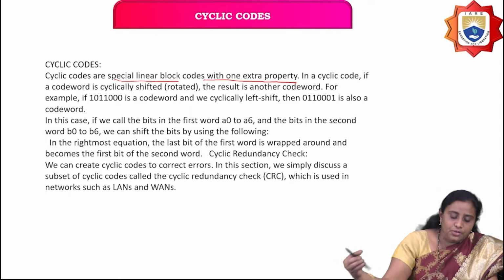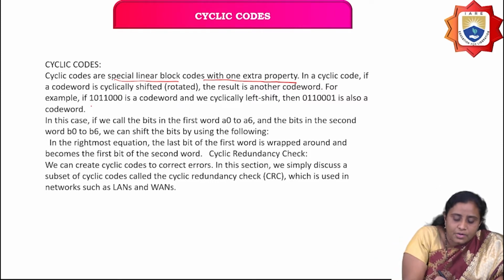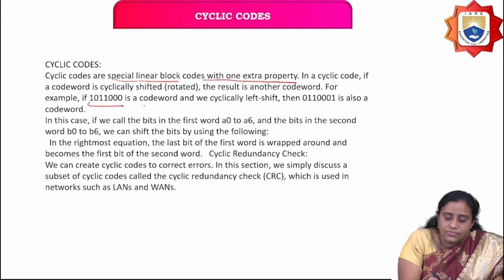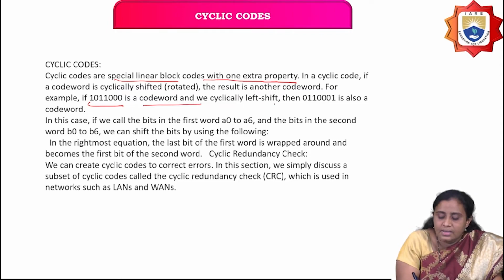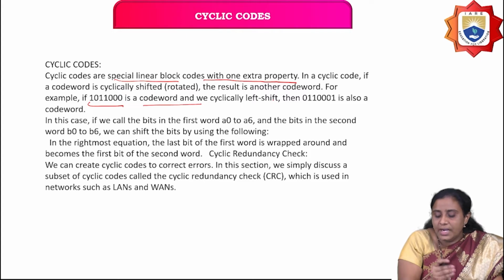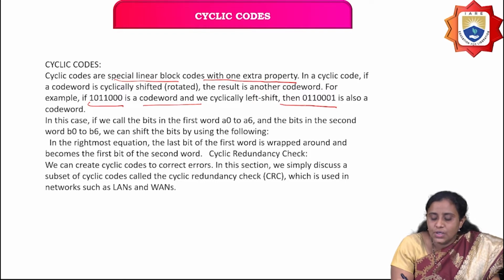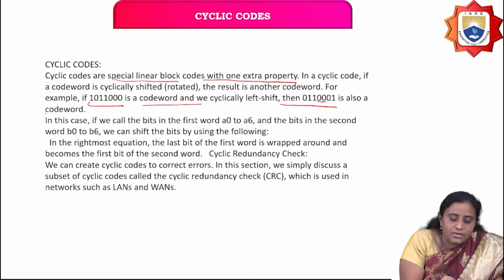For example, if you take 1011000 as a code word, and we cyclically shift it one position to the left, then it translates to 0110001, which is also a code word.